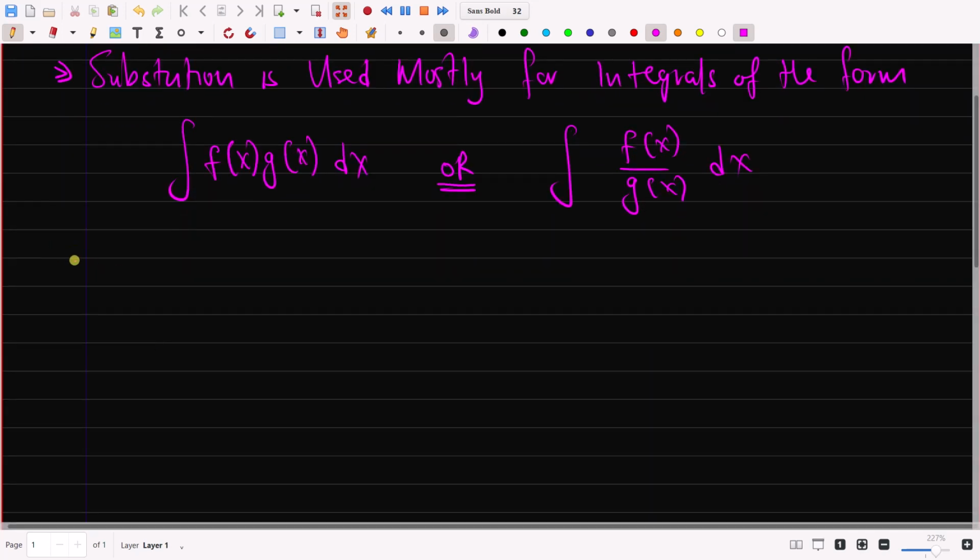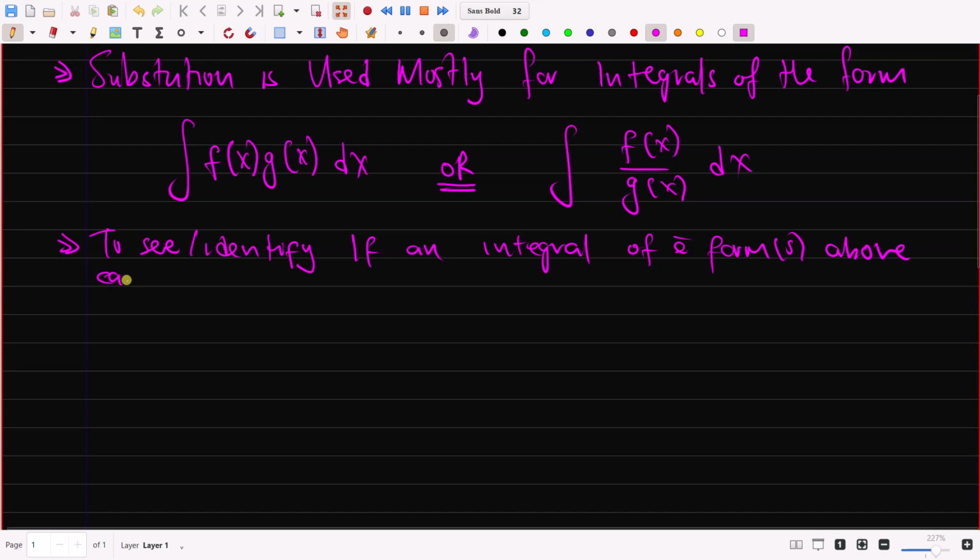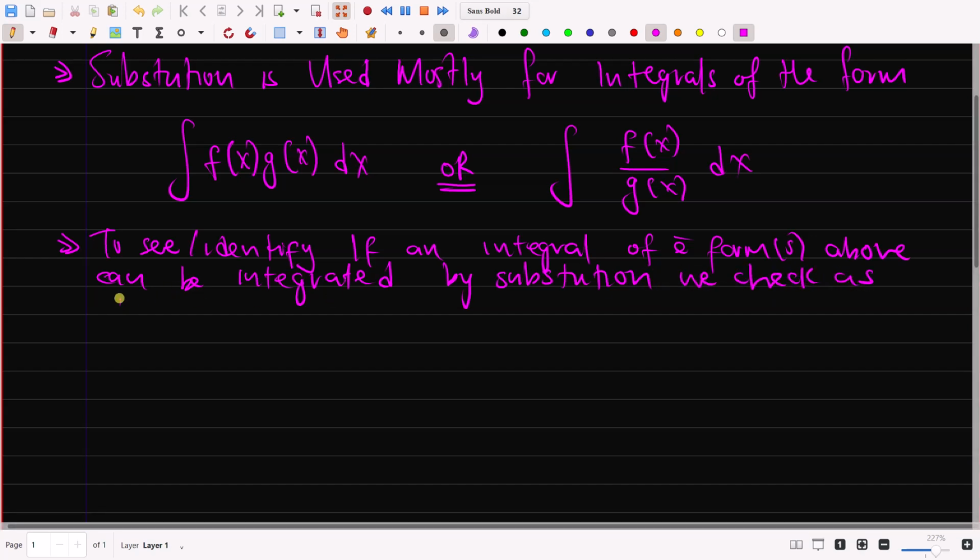To identify if an integral of the form above can be integrated by substitution, we check as follows.